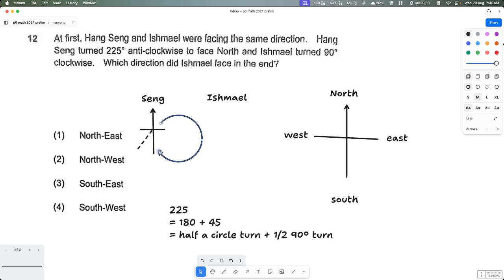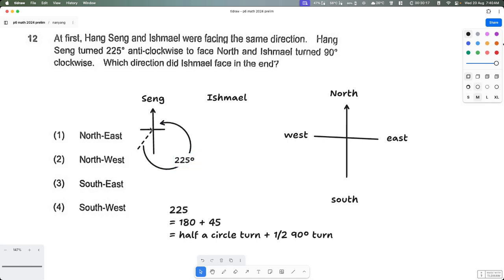So in the end, this is 225. So that means he turned 225 to face north. Okay. This and then this. Okay. So this is 225 degrees, right?